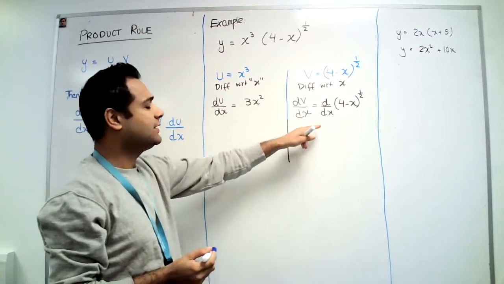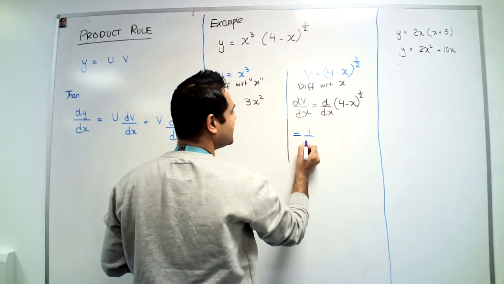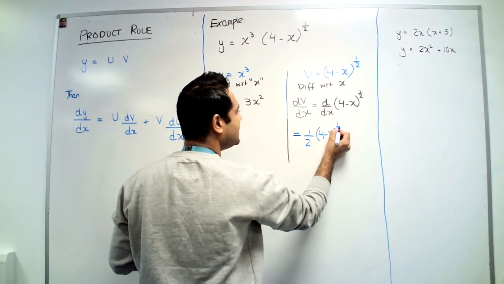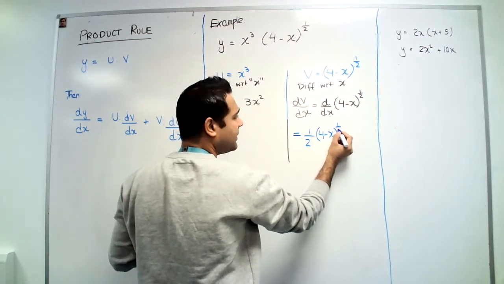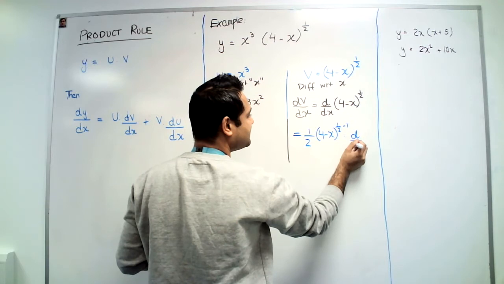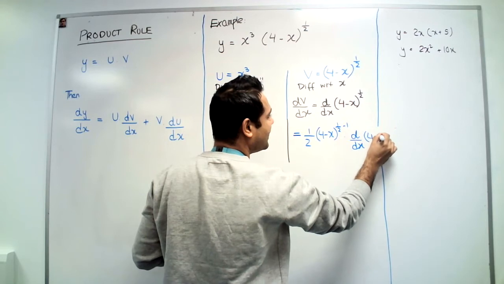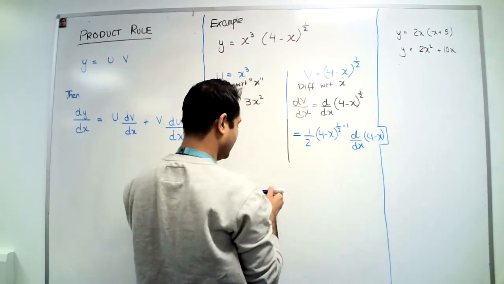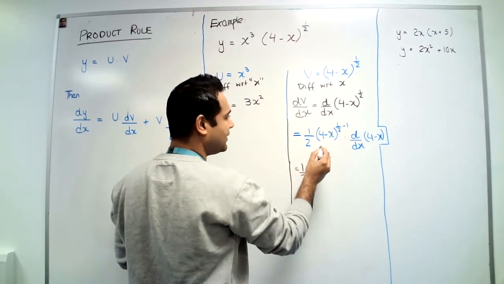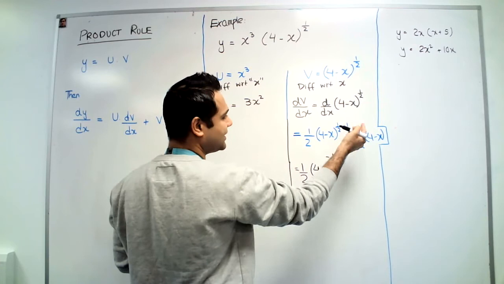When you differentiate this bit, the power comes out, reduce the power by 1, 4 minus x to the power half minus 1, and then you differentiate this bit as well, which is 4 minus x. Okay, so when I simplify, the half stays, that becomes 4 minus x to the power minus half, because half minus 1 is that one.